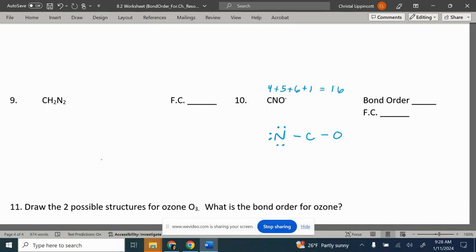Okay, so right now I have 16: 2, 4, 6, 8, 10, 12, 14, 16. What's my problem? Carbon doesn't have enough. So if I take these two and I bring them in here, this is still going to be wrong. Don't write this stuff down, okay?